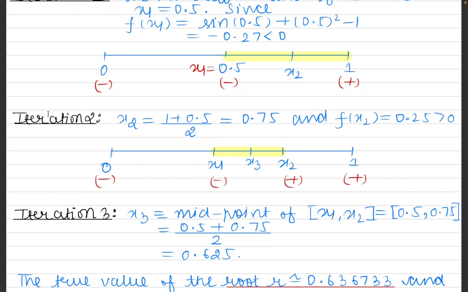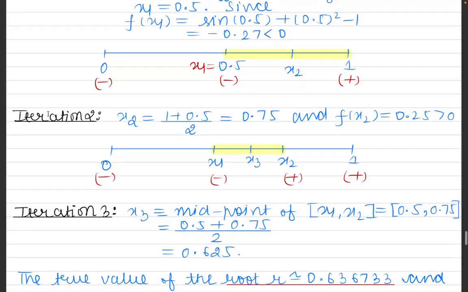So its midpoint will be 0.5 plus 0.75 by 2, which will be 0.625. And if you compute f of 0.625, we don't need to compute it, right? We just need to find the third iteration.